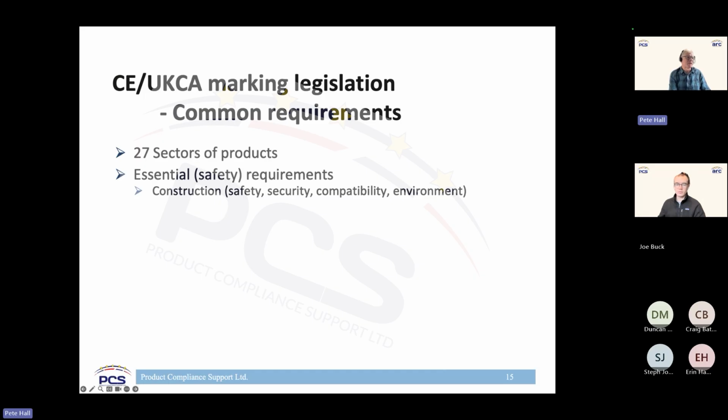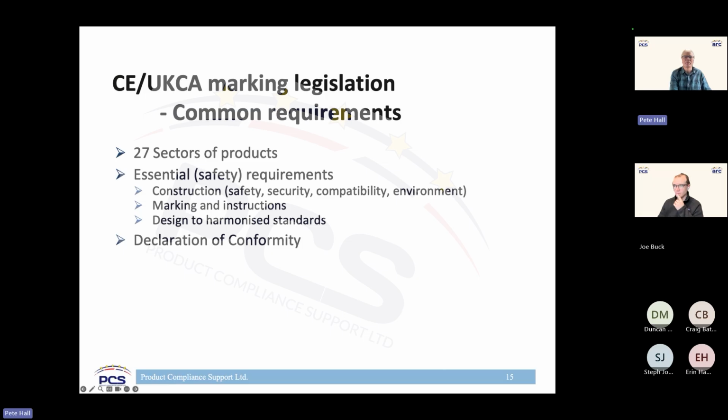And they're generally about how the product's designed and manufactured to make it safer or more environmentally performing, or have compatibility or security. So they're not all about safety. More and more of them are about environmental performance. They also cover markings and instructions on products. And they have harmonised standards, just the same as GPSR, to give guidance on what those essential requirements mean.